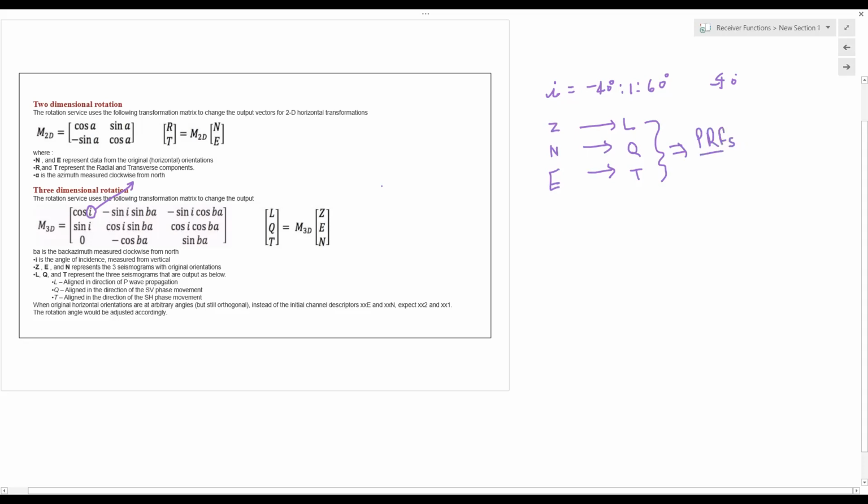How would you do that? Just do the deconvolution of the vertical component from the radial component to get the P wave receiver function. So let's suppose your receiver function may look something like this.